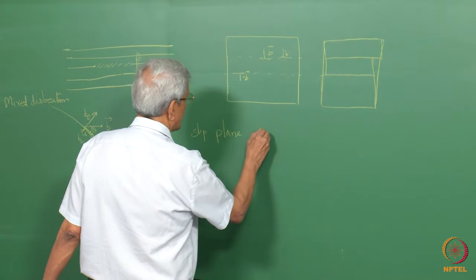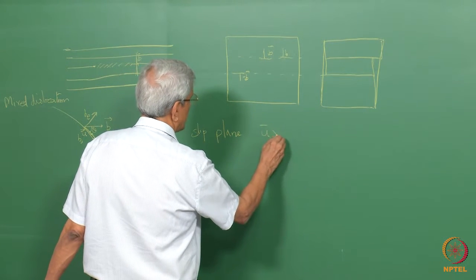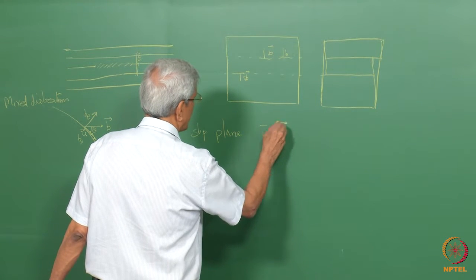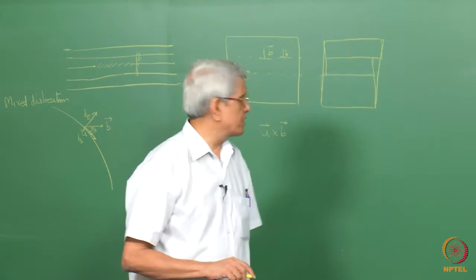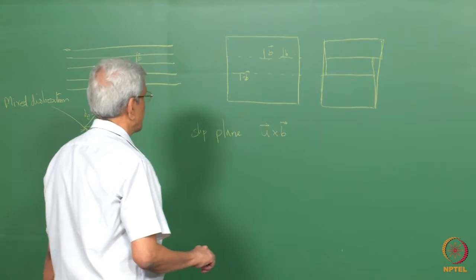the slip plane is defined by u cross b, where u is the line direction and b is the Burgers vector of the dislocation.